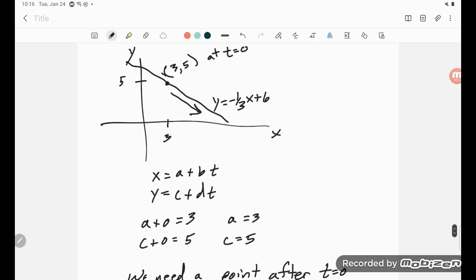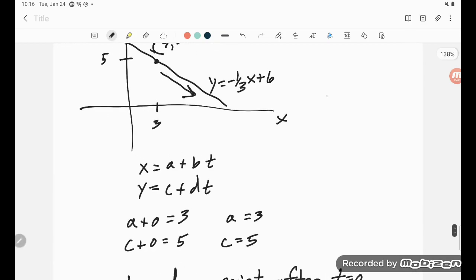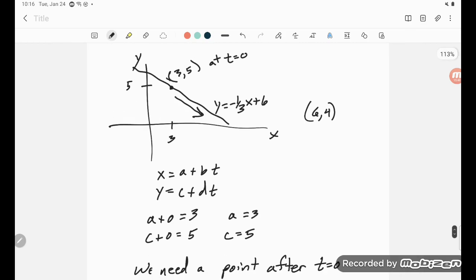Well, you know, they give us this line, and so we could, you know, pick any other point. Now they happen to pick a point of 6, 4. I'm not going to use that point, okay, because I think that's harder than I need to make it.